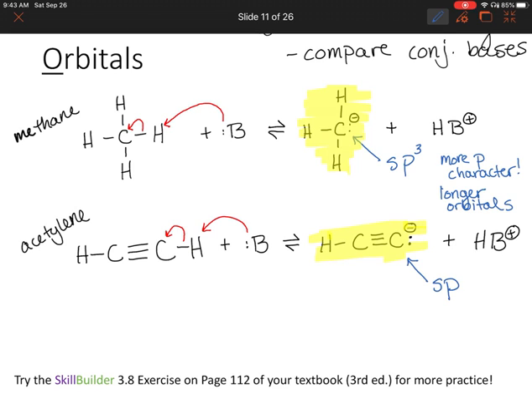And then sp orbitals have less p character. So sp3 has 75% p character. sp only has 50% p character. So sp orbitals are shorter.